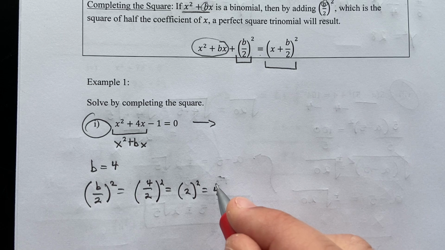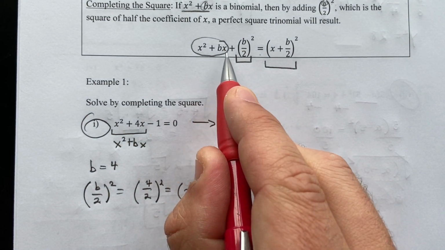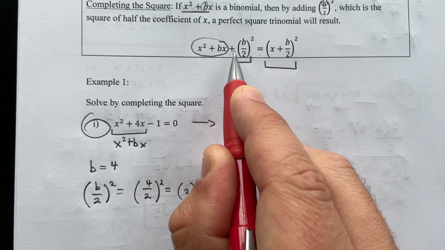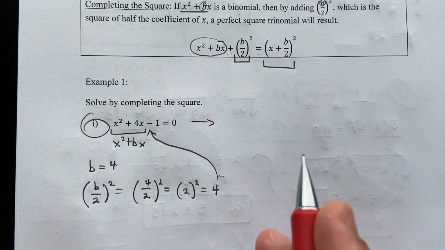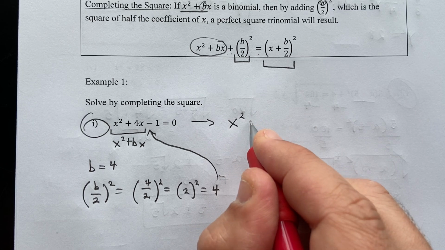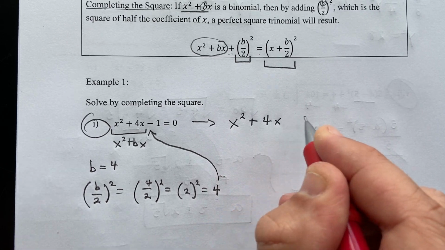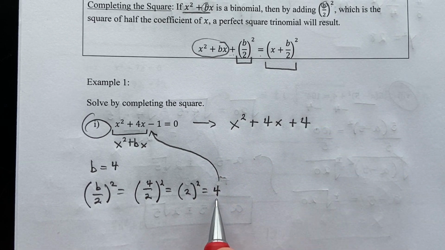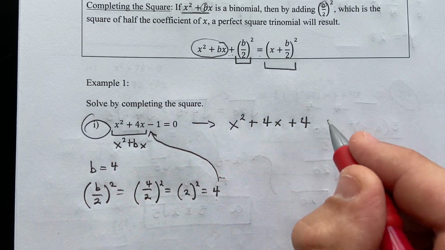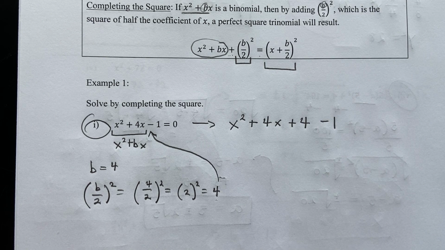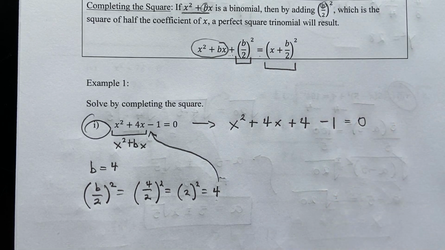So what I'm going to do is now add that in. What this says is to then add half of b squared in. So we'll have x squared plus 4x plus 4, right? That's that number that I'm bringing in. I still have minus 1, and I still have equals 0.